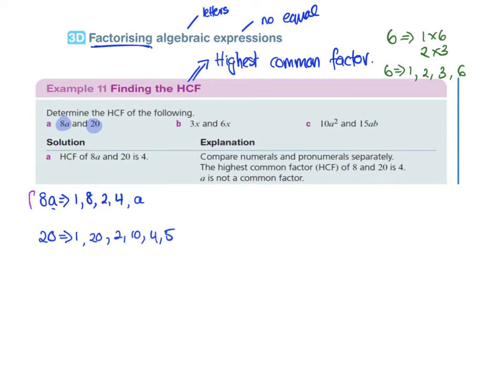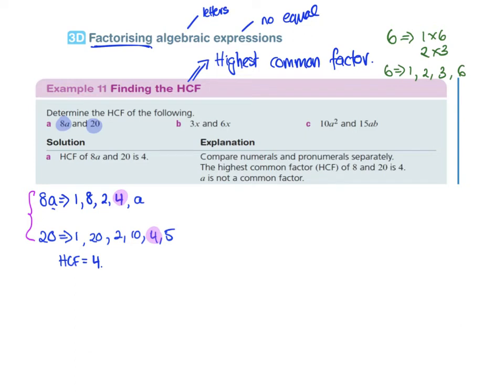What is the highest number that's in both lists? Can you see 4 is? 4 is in both of them, and it's the biggest number. So the highest common factor between these two is 4.